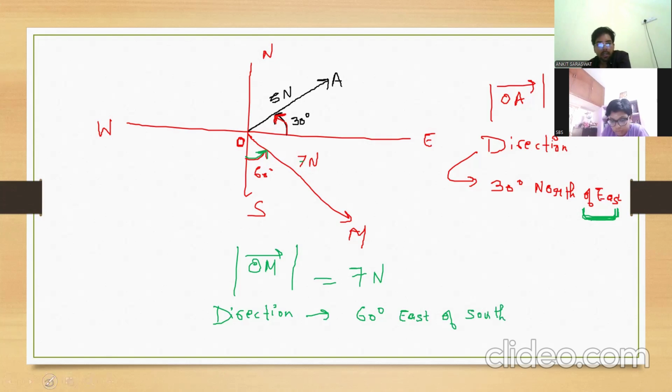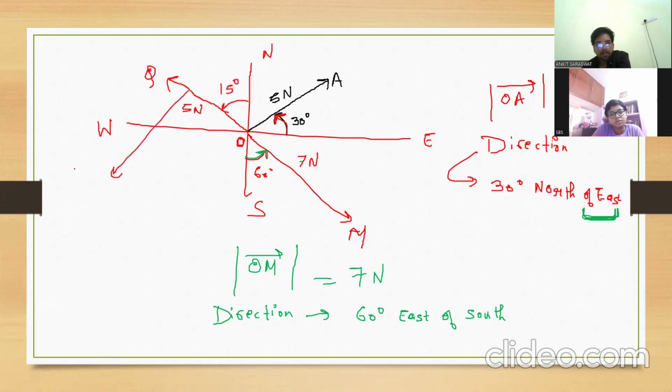Or if I show you this vector, let us suppose this is Q. Its length is 5 Newton and you are making an angle like this. How to read?